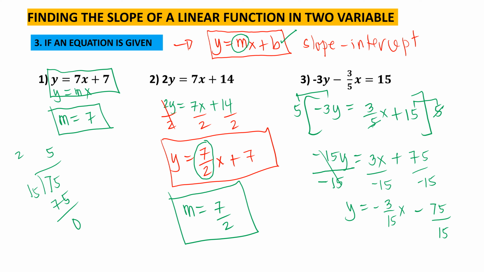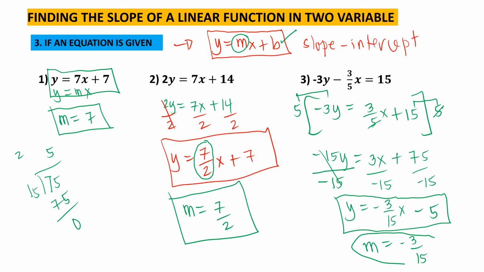So therefore, 75 over 15 could also be reduced to lowest term, which is 5. So therefore, this is our y equals mx plus b, and our m is negative 3 over 15. So therefore, this is our slope.